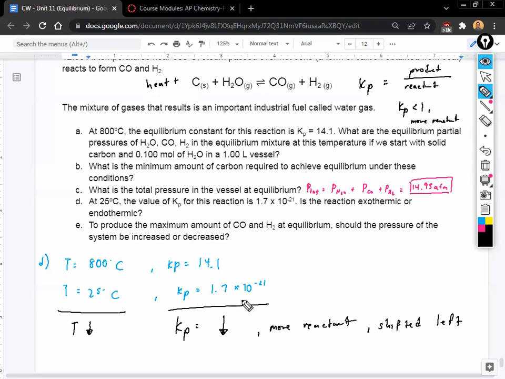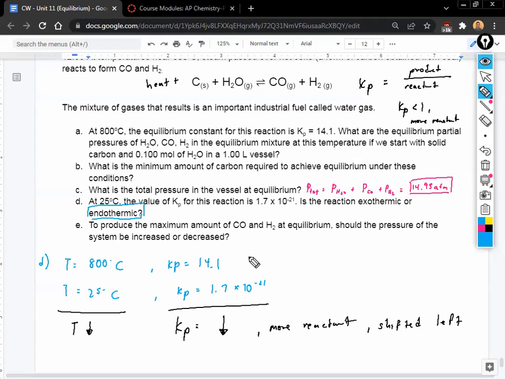You need more reactant to balance out the change. So heat is going to be a reactant. If heat is a reactant, is it endo or exothermic? It's endothermic, yeah. In your free time, I know I went through this quick for the sake of time, please go back to this and check it out because I think it'll make more sense if you have some time to digest it.